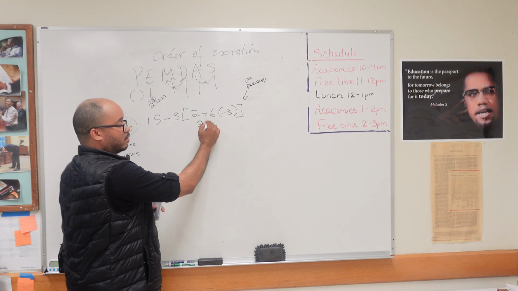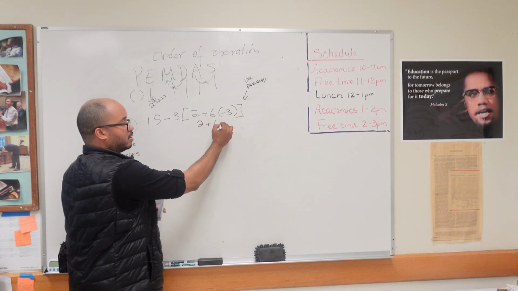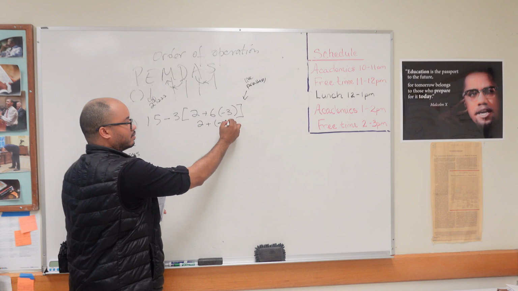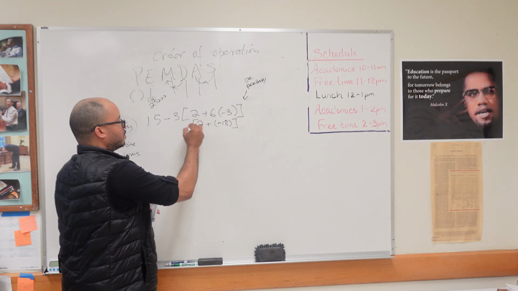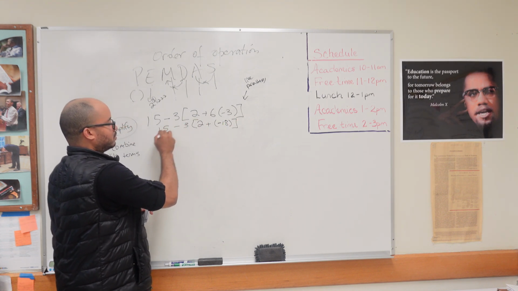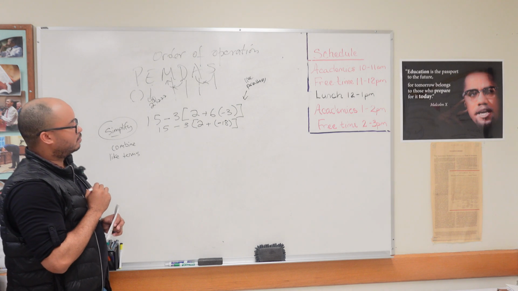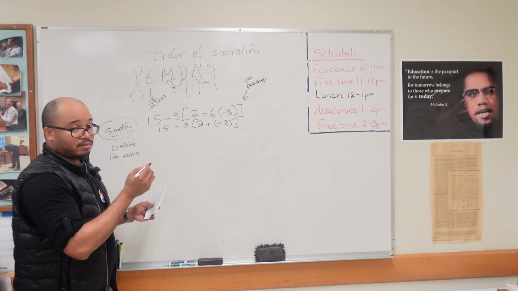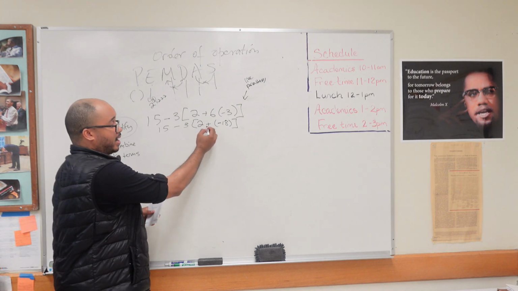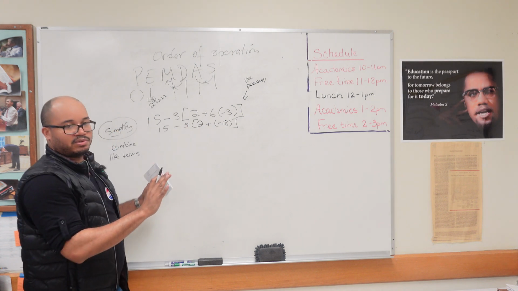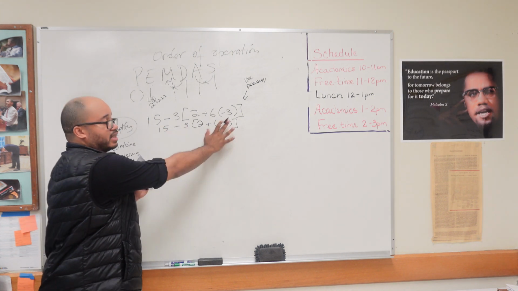2, and if you want, you can leave the plus negative 18. And again, we could use the distributive property and distribute the negative 3, but I wouldn't do that. All of these are numbers.